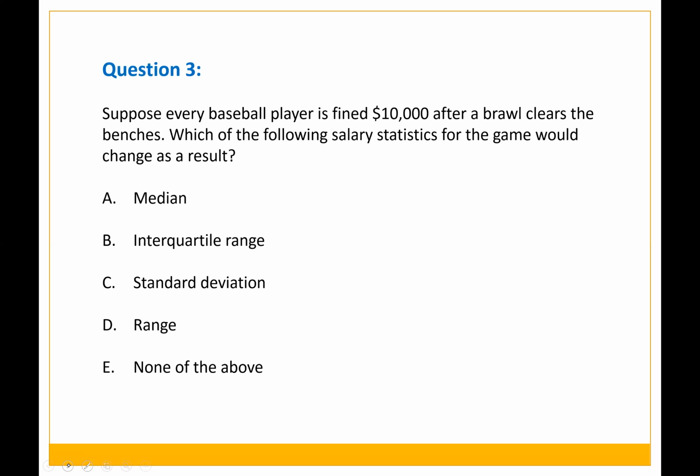Basically, we're saying every baseball player is fined $10,000, so their salary is decreased by $10,000 for each of them. It's asking which of the salary statistics would change as a result.